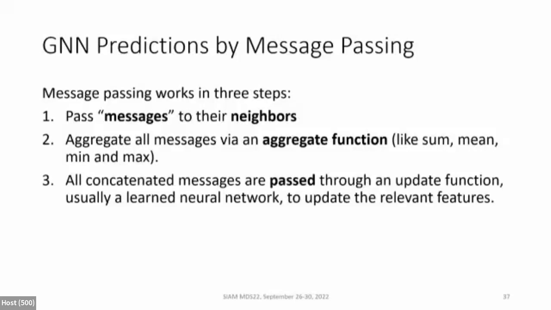At the second step, we aggregate all the messages via an aggregate or reduction function, where we can use sum, mean, min, or max. And then at the third step, we concatenate the messages that are passed through an update function, usually learned by the neural network, in order to update all the embeddings and relevant features.